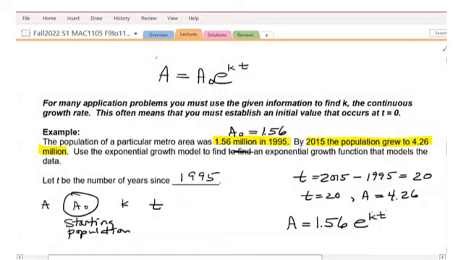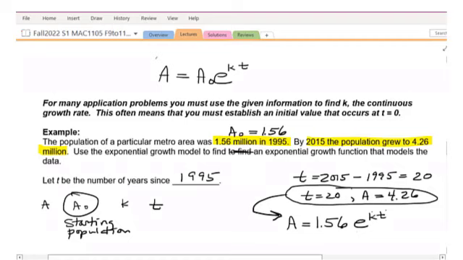But k and t are both variables, and we want A to just be a function of time. We want to replace k with whatever it's equal to. And we can figure that out just by using this information here. We put this into this formula, and the only variable that's going to be left is k. So we'll be able to figure out the growth rate.